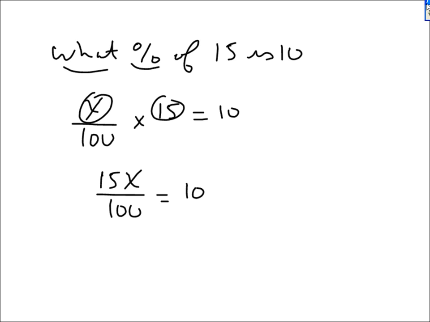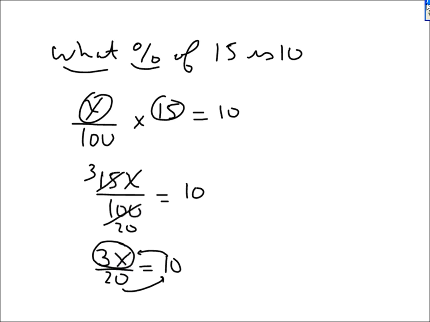You could reduce now, make the number smaller. 5 goes into each of these, 3 times and 20 times. So 3x over 20 is 10. What does the top equal? Not what x equals. What does the whole numerator equal? The answer is 20 times 10, 200, is equal to the top.